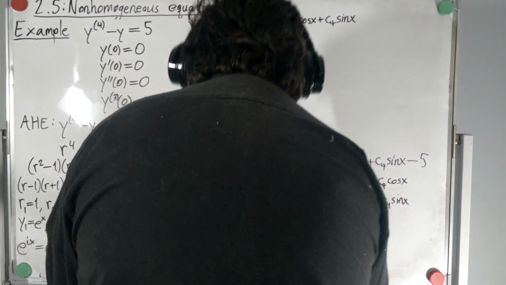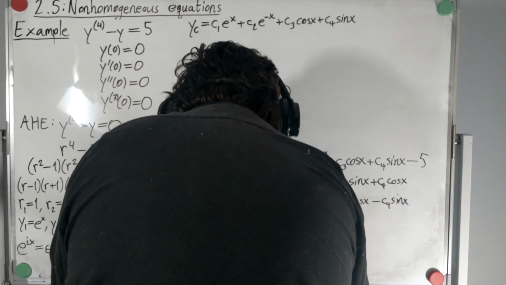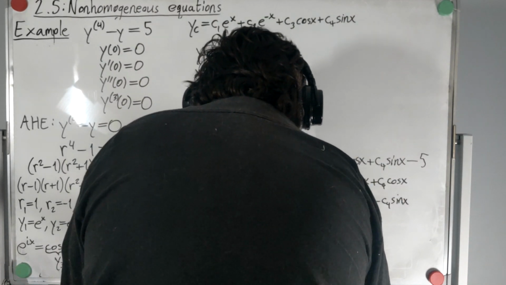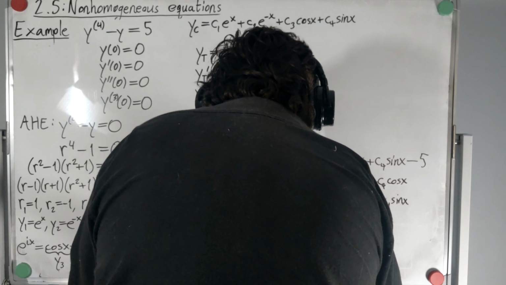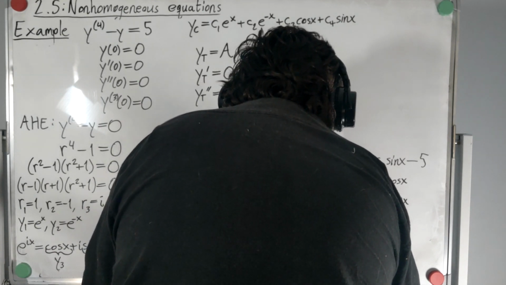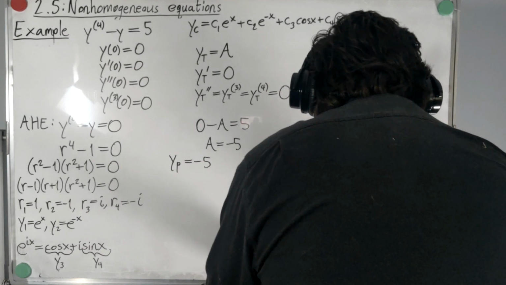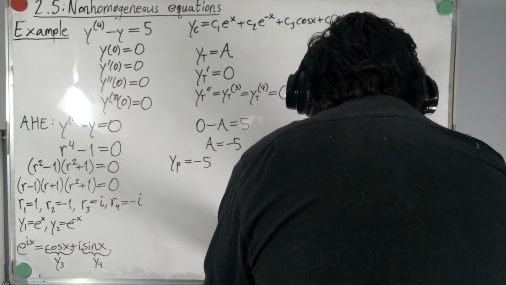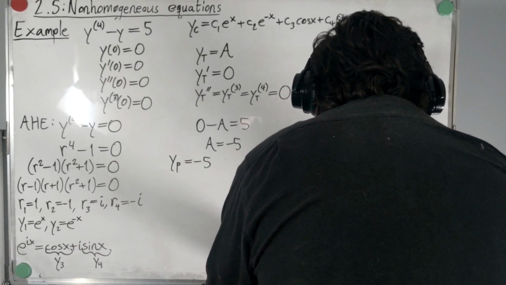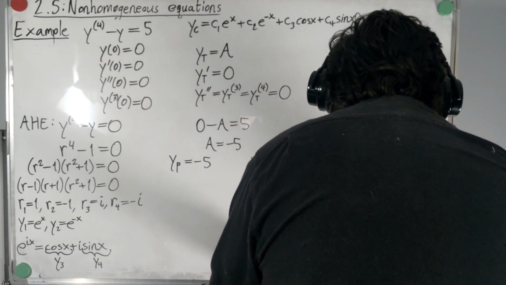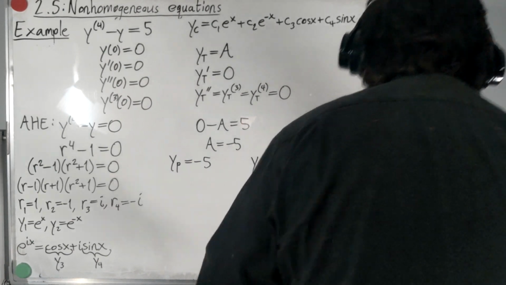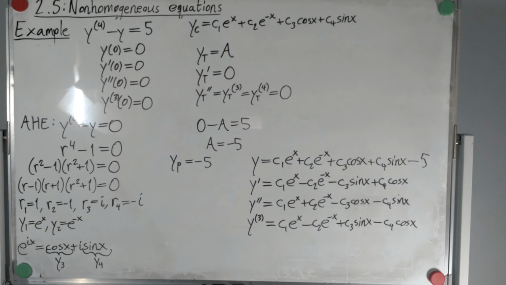The third derivative is c1 e to the x minus c2 e to the negative x plus c3 sine x minus c4 cosine x. Okay.